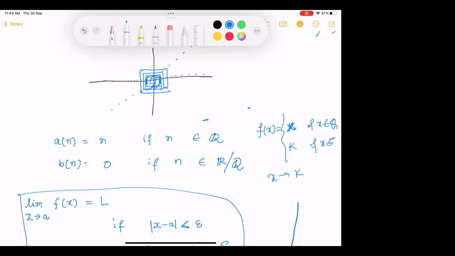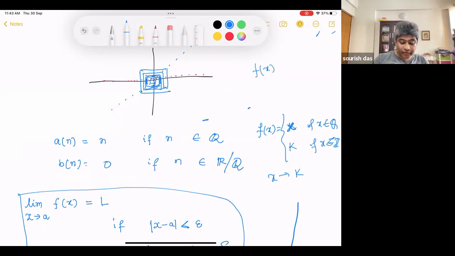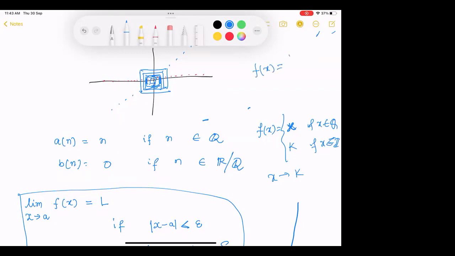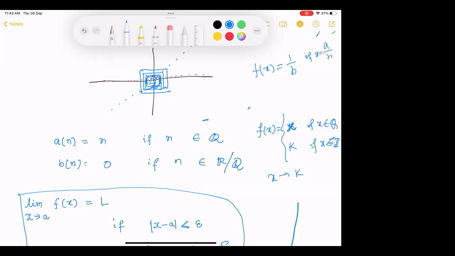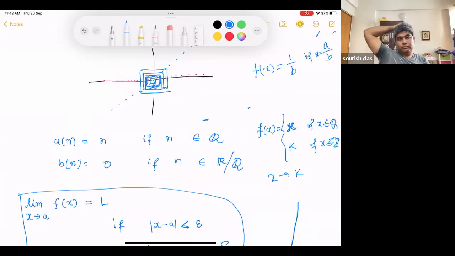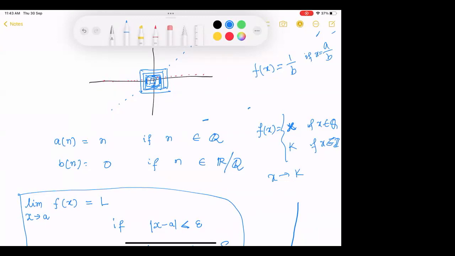So if we define the function f(x) is equal to 1 by b if x is rational, that is, if x is of the form a by b. Since every rational number can be written in the form a by b, we take 1 by b of that expression, and 0 if x is irrational.